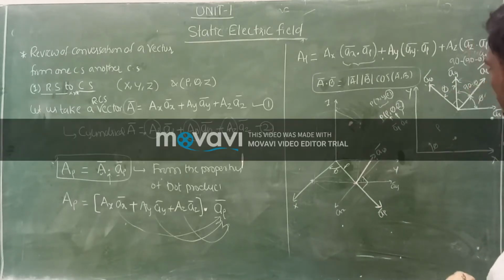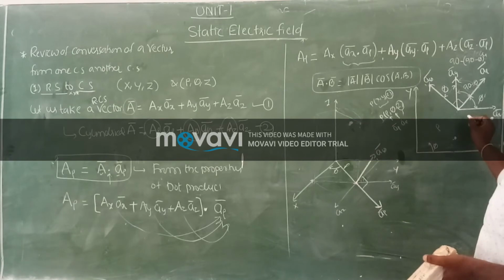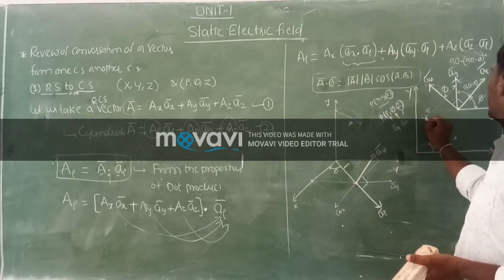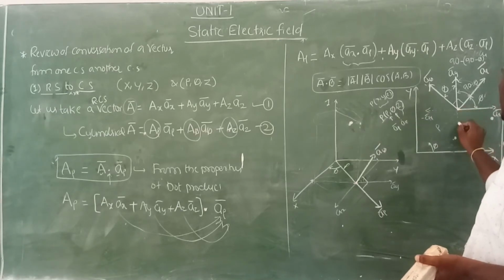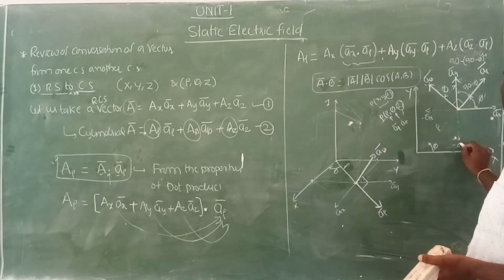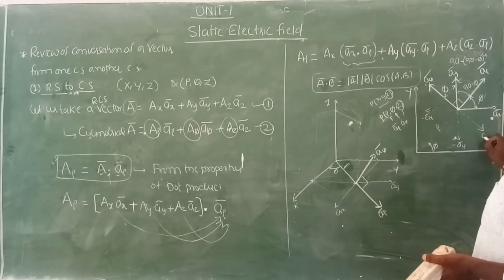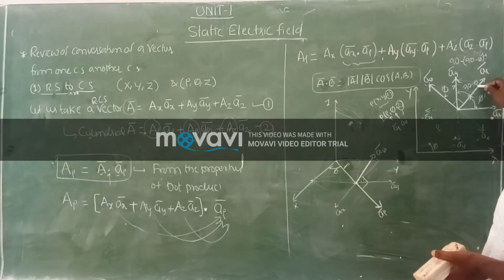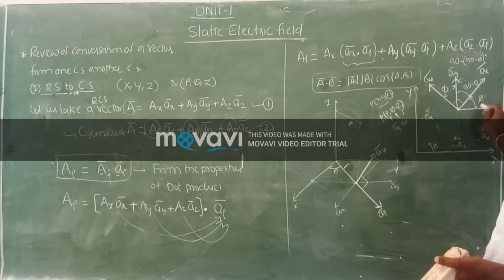Understand? Okay. Now see, I am projecting these axes in the negative direction. So it is minus Ax bar, similarly minus Ay bar, and minus A phi bar. Now tell me the angle between Ax and A phi here. As the angle between A rho and A phi is 90 degrees, again we have to subtract it from phi.